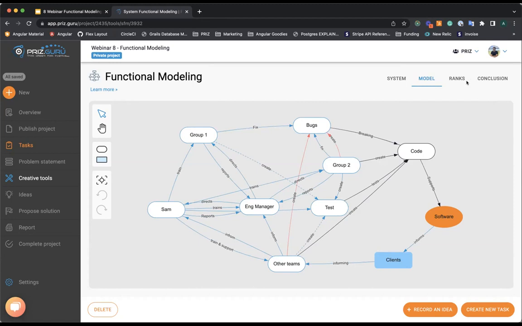I saw a couple of examples where people, in order to state the problem, created a functional model. This is a very useful and universal tool. This is a way to understand how your system operates. And until now, I don't know other tools to learn better how a system operates.